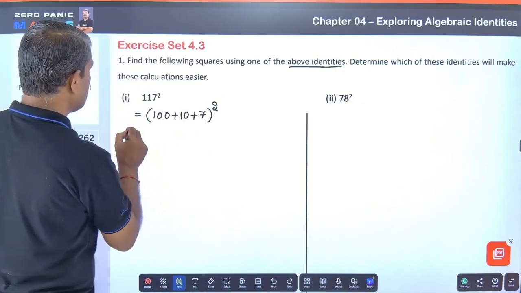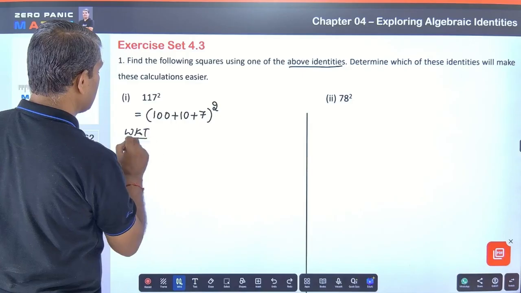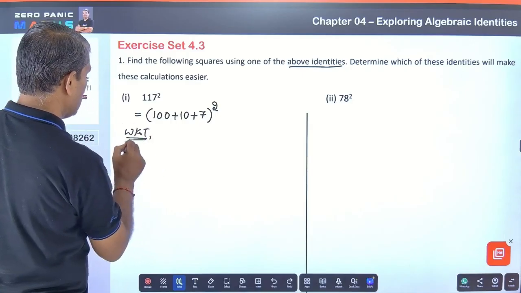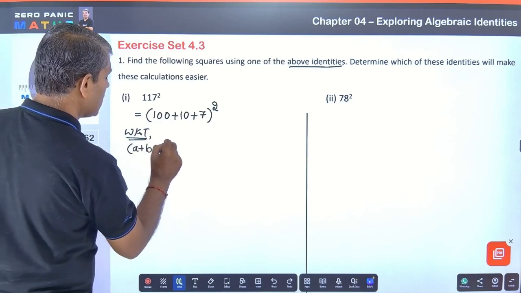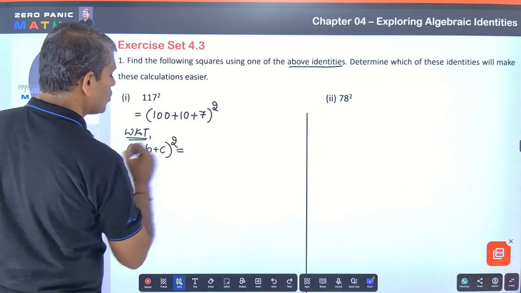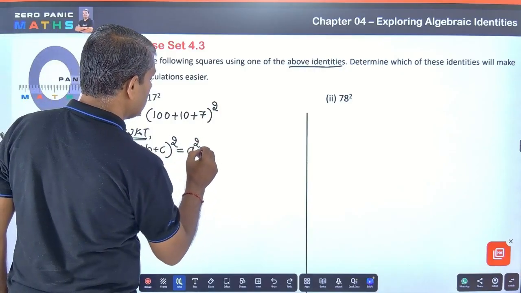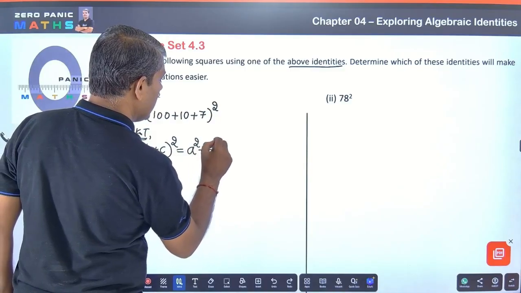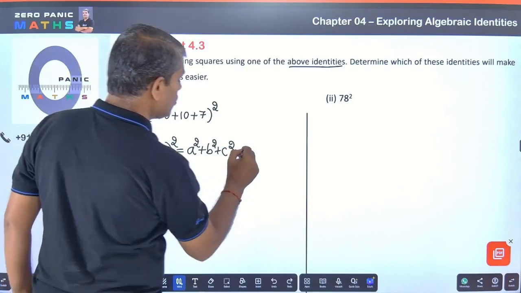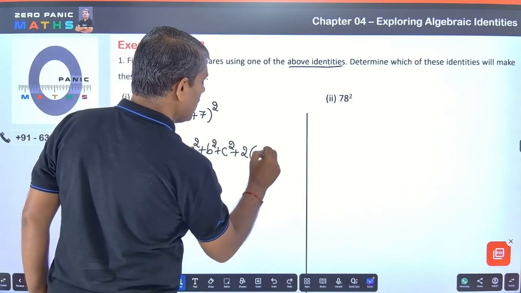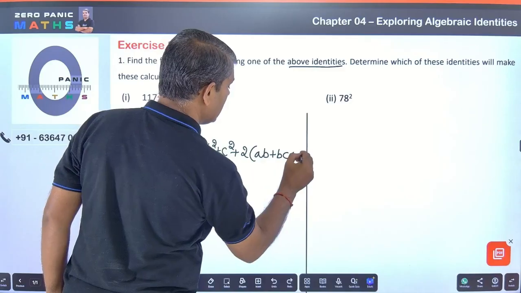So we know this formula. You can remember this: (a plus b plus c) whole square. There are three variables here, and the formula corresponding to this is a square plus b square plus c square plus 2 times (ab plus bc plus ca), or ac, you can say.